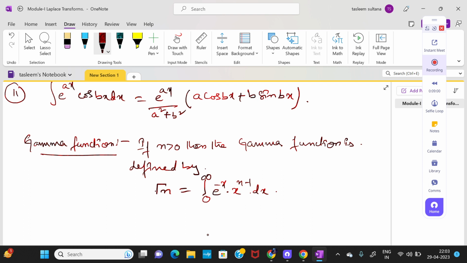Gamma of n plus 1 we can write as n into gamma n, if n is greater than 0.